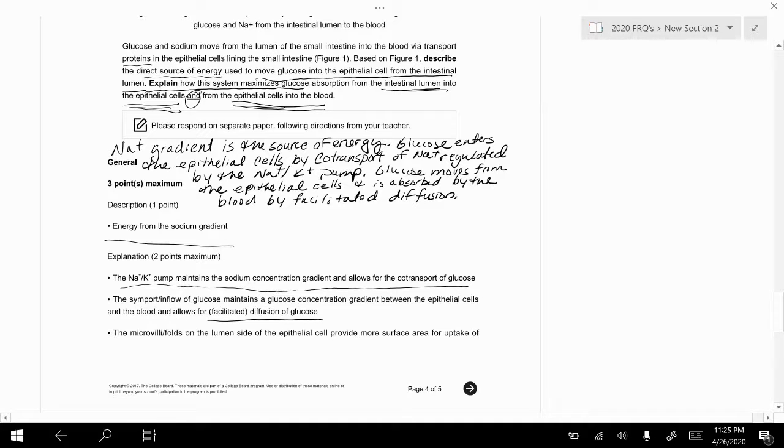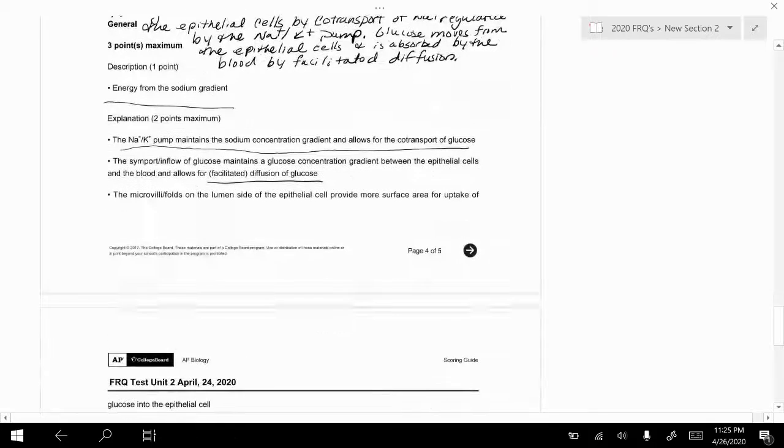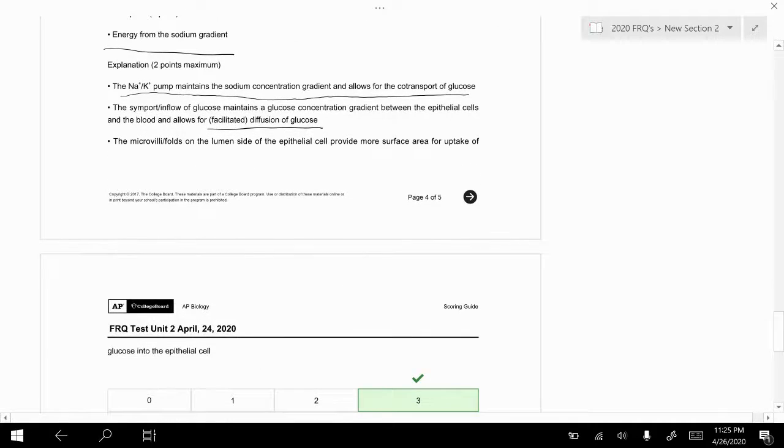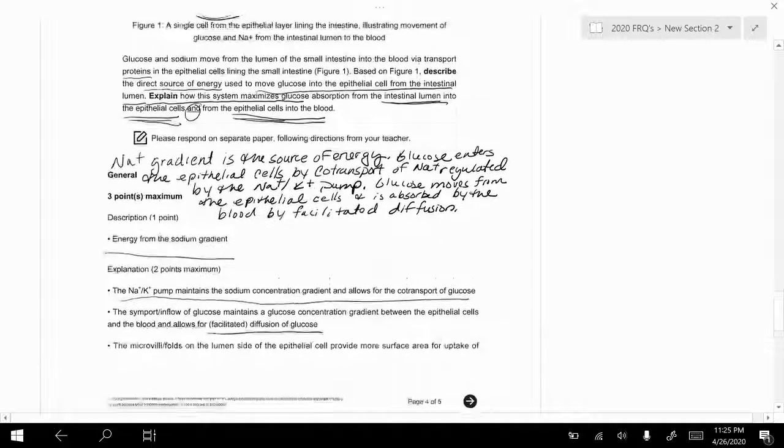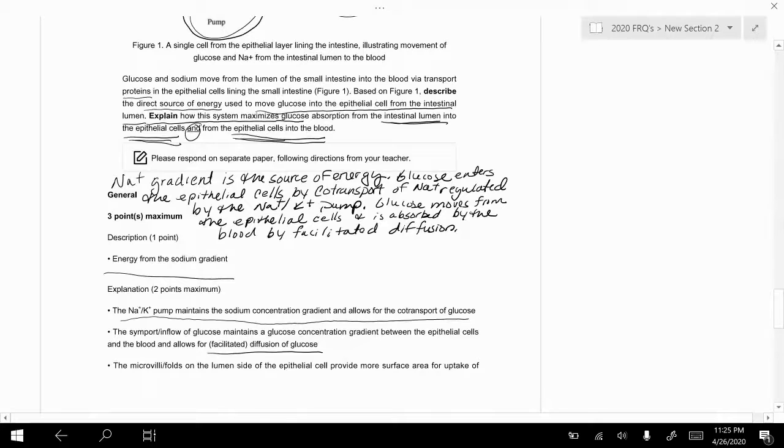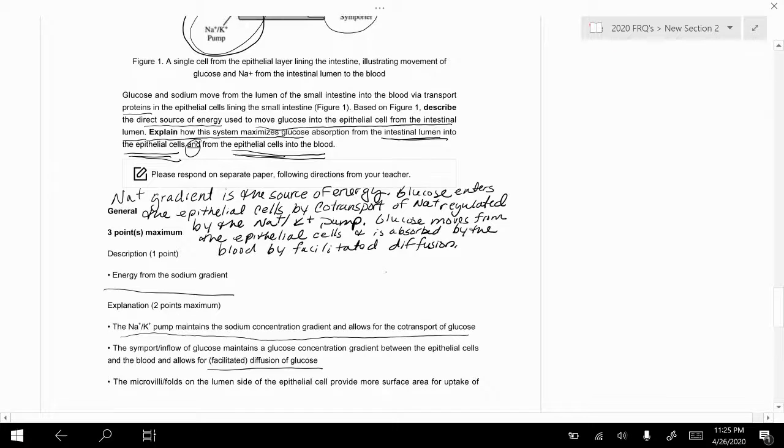I think we got those 2 points. Here's something else. The microvilli fold the lumen side of the epithelial cell to provide more surface area for uptake of glucose into the epithelial cell. So that even talks about surface area again. So yeah, I would say that we got all 3 points for this.